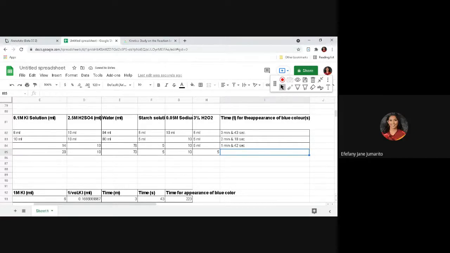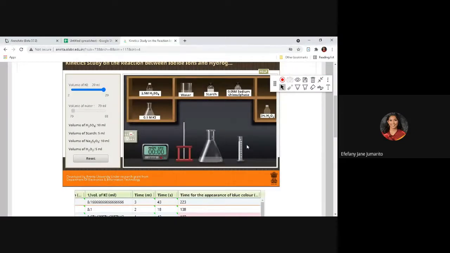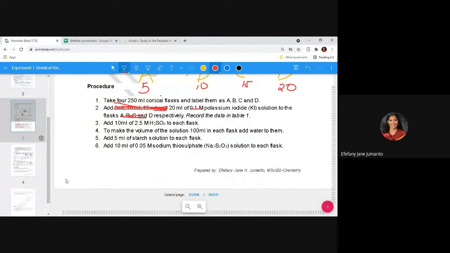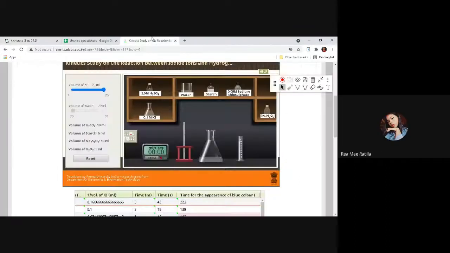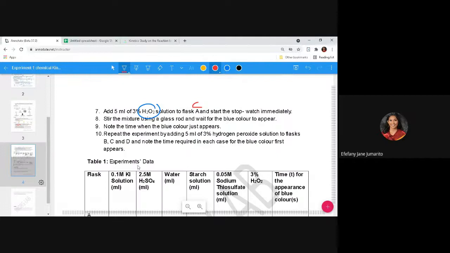Okay, then what about the time? Okay, time na. Where are we in the procedure? 6 na, ma'am. Okay, procedure 6. Then, procedure 7.